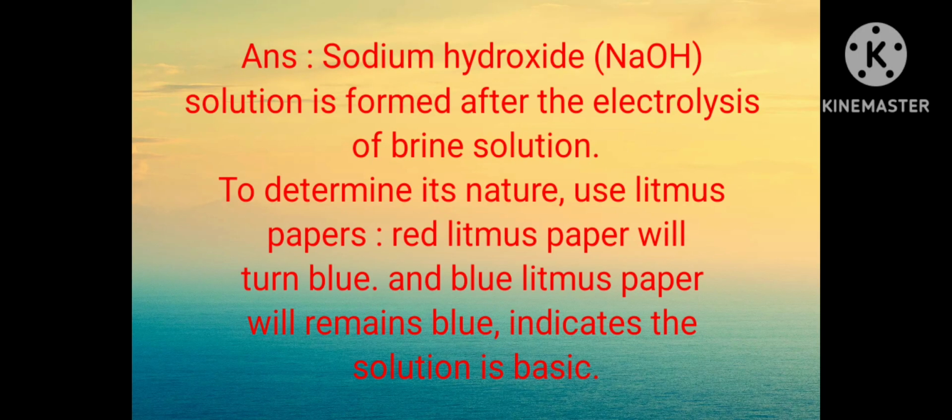Sodium hydroxide, NaOH solution, is formed after the electrolysis of brine solution. To determine its nature, use litmus papers. Red litmus paper turns blue and blue litmus paper remains blue, which indicates the solution is basic.